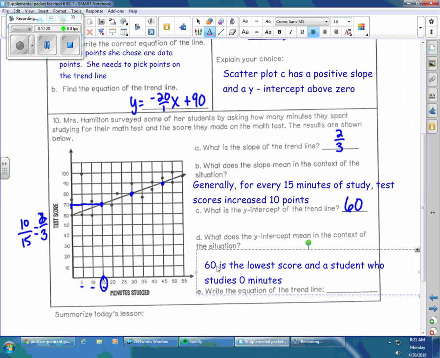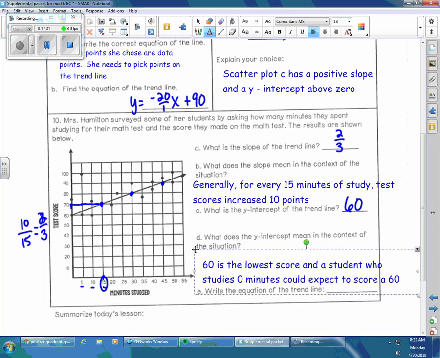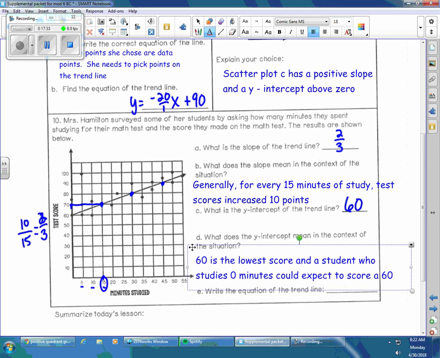Oh my gosh, I can't type either. A student could expect to score a 60. Okay, so 60 is the lowest score, and a student who studies 0 minutes could expect to score a 60.